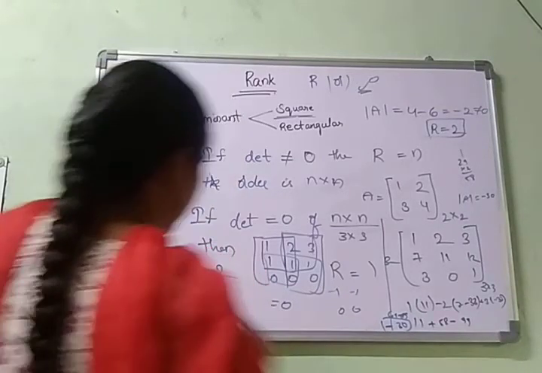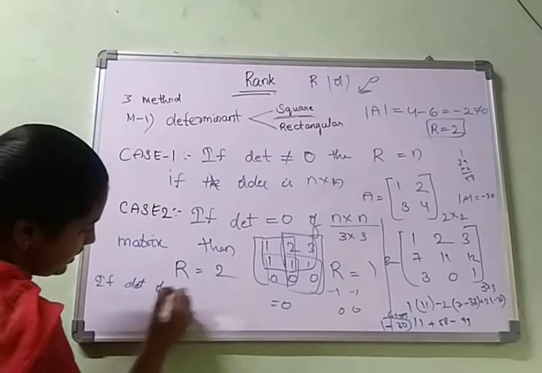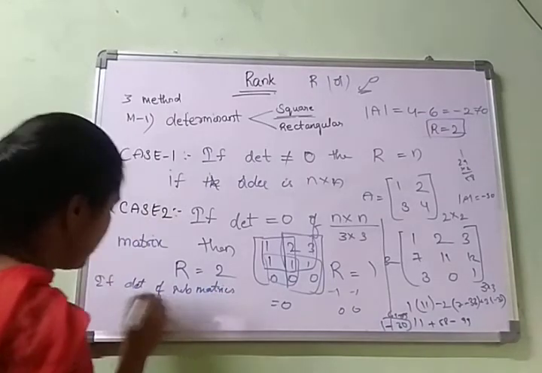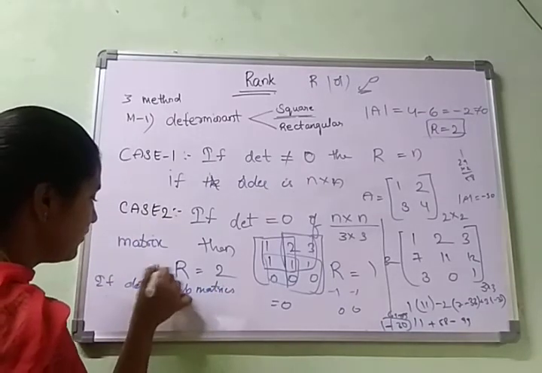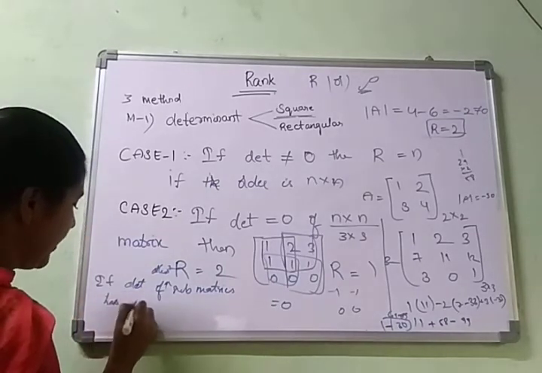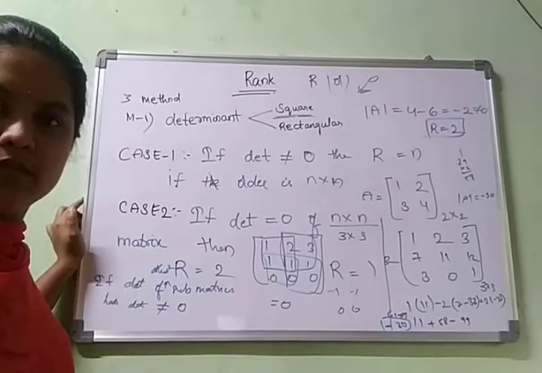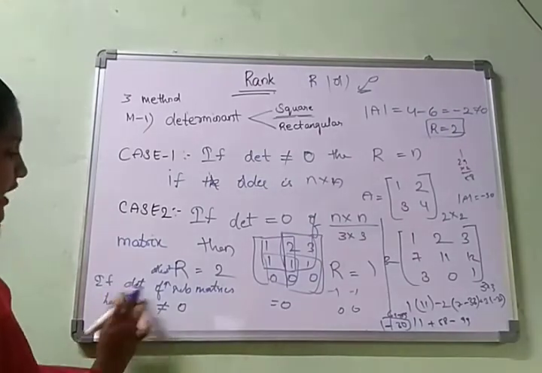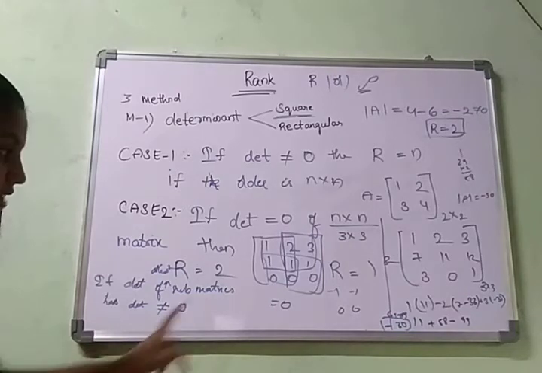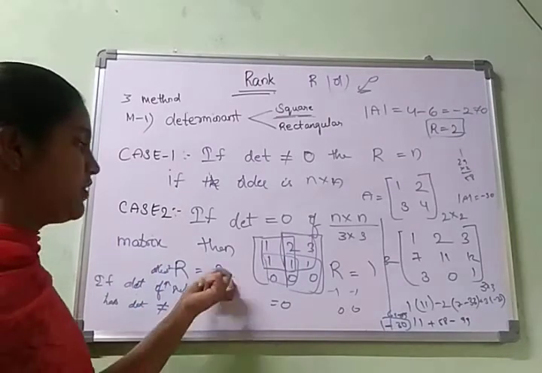Here one thing I'll say: if the determinant of at least one submatrix is not equal to 0, then the rank of the matrix is 2.